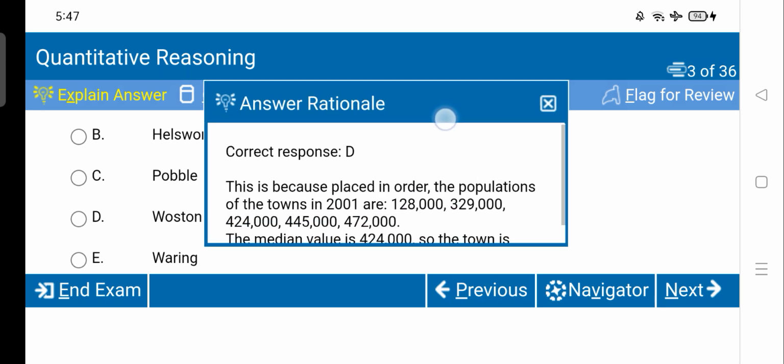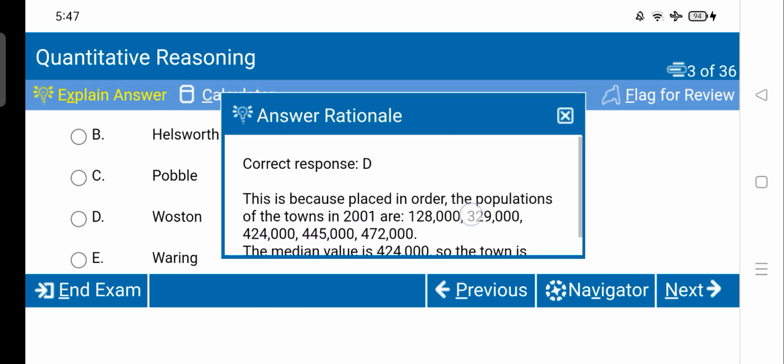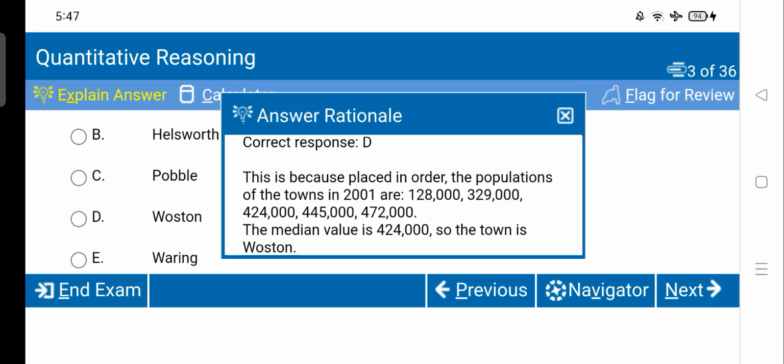So the correct response is option D. This is because placed in order, the populations of the towns in 2001 are 128,000, 329,000, 424,000, 445,000, 472,000.